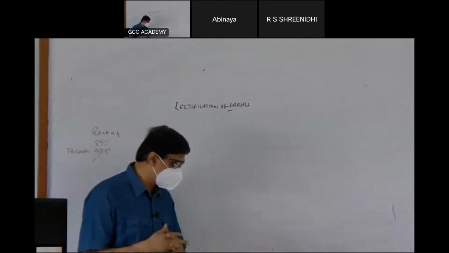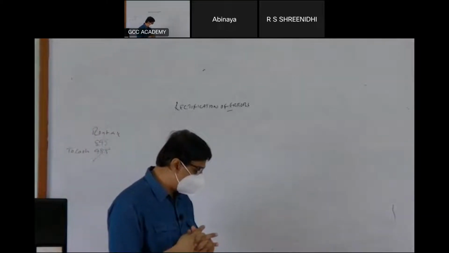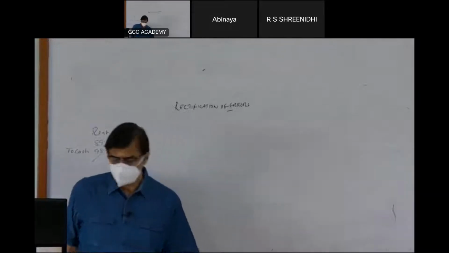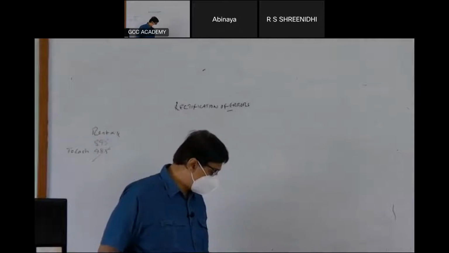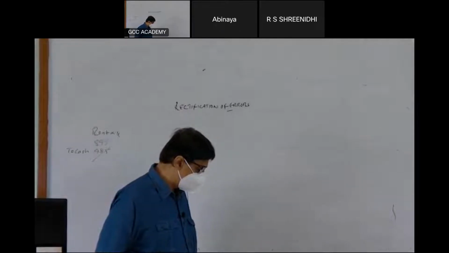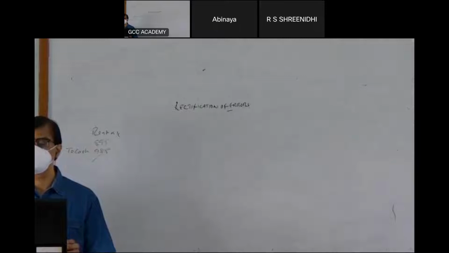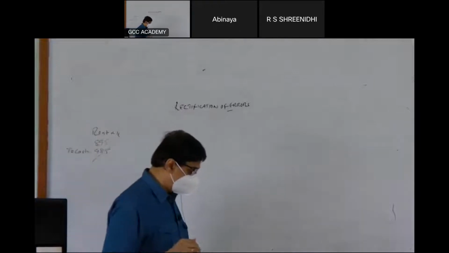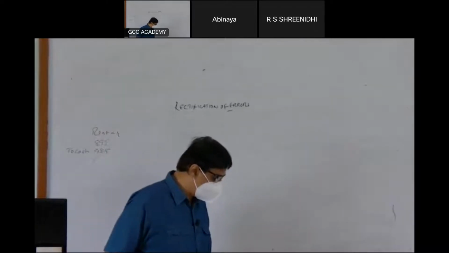Next is error of commission. An error of commission can be due to wrong casting, wrong recording, wrong posting, wrong carry forward, or wrong balancing of the transactions in the books.